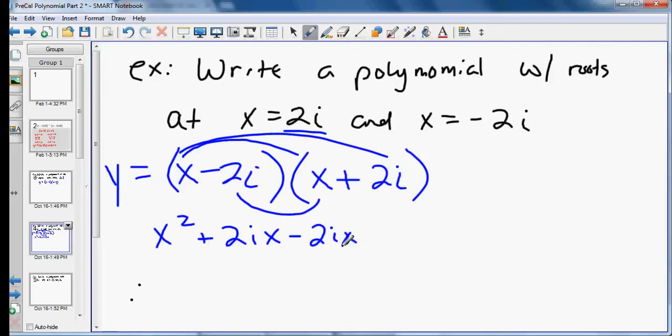Negative 2 times positive 2 is negative 4, and i times i is i squared. So you do have to remember what i squared is equal to. Just a reminder, i is equal to the square root of negative 1. So i squared cancels out that square root and leaves us with negative 1.